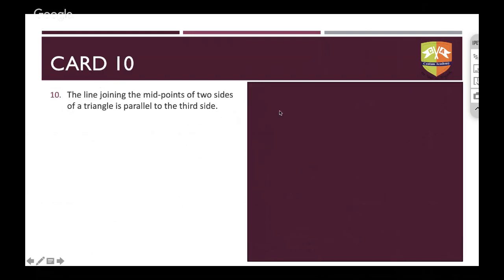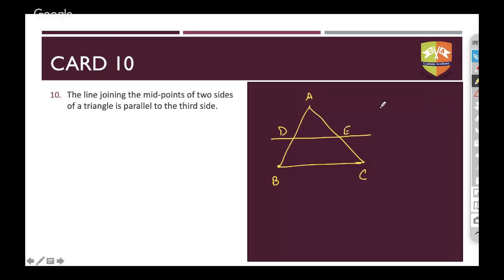Now, the line joining the midpoints of two sides of a triangle is parallel to the third side. Again, a result of the converse of Thales theorem. So you can prove this by the converse of Thales theorem. ABC is a triangle, and let D be the midpoint of AB, and E the midpoint of AC.